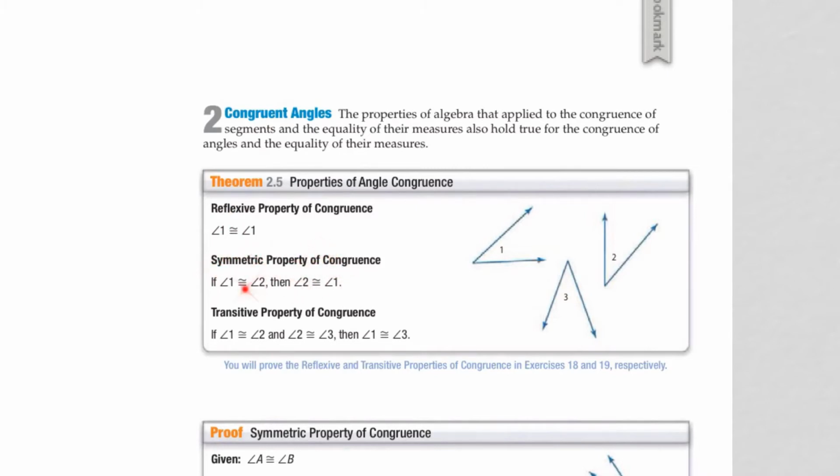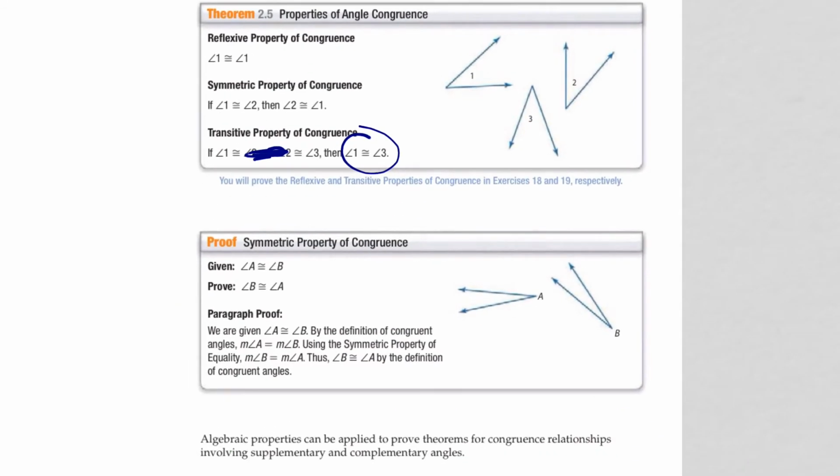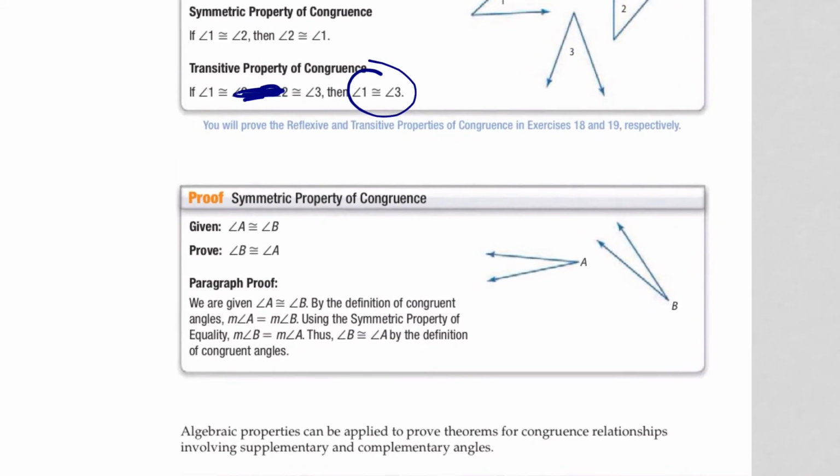I can flip it. And transitive property is, again, cutting out the middle. If angle 1 is congruent to angle 2, and angle 2 is congruent to angle 3, then I can cut out the middleman, the 2, and I could say angle 1 is congruent to angle 3.